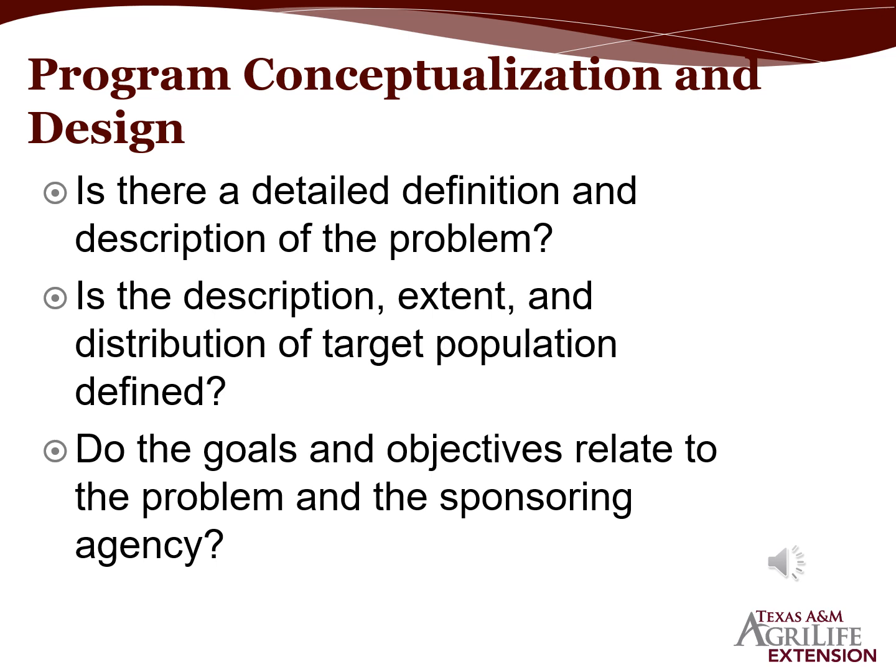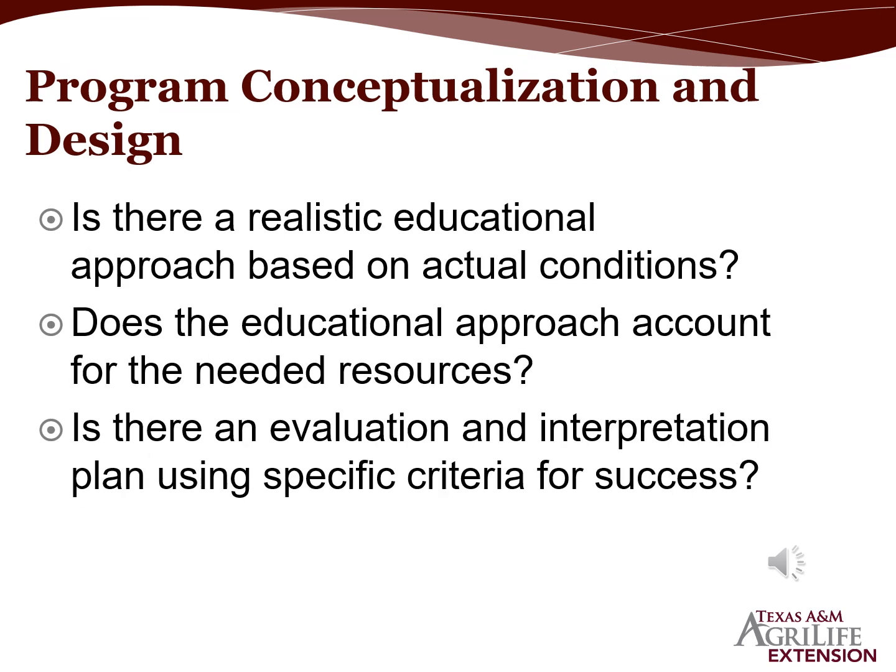So you have to build that target up front, right? You have to understand completely what the goals and objectives are. And then do those relate directly to the problem? Is the educational program or the agency or the group that's going to deliver the educational program, can they do it? Are they capable? Do they have the expertise? Is it within their mission? So all those things are questions that we'll ask during conceptualization and design of an educational program.